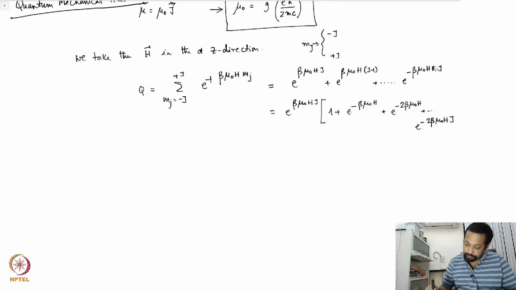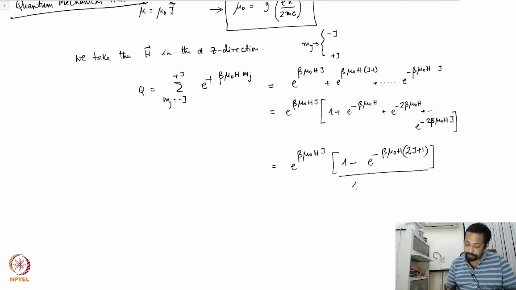So sorry, there is not going to be an m here. This series can be very easily summed, and you will have e to the power beta mu naught h j times 1 minus e to the power minus beta mu naught h (2j plus 1), divided by 1 minus e to the power minus beta mu naught h, right?